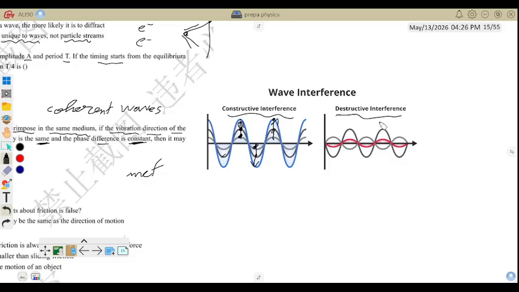But for destructive, it's just like a subtraction. If we subtract all these amounts from all of that, that would give this red line. The same here, all of that minus this will give only that amplitude. So one is destructing the other, but here one is constructing with the other.